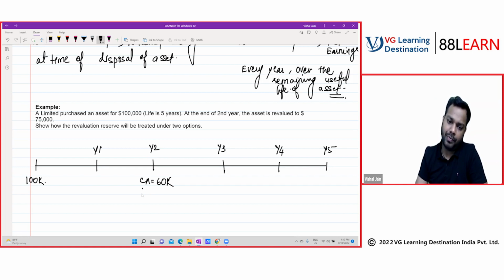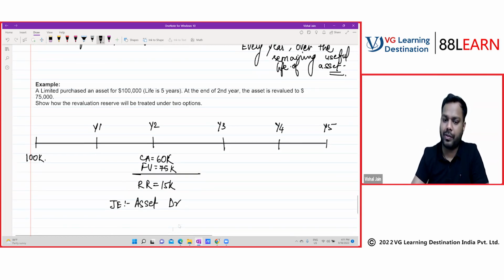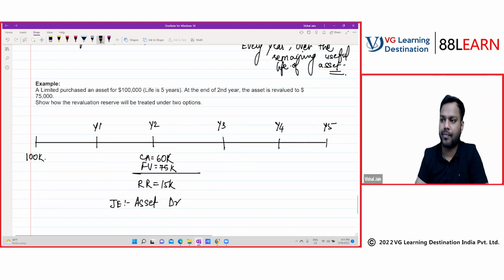Now, what is the fair value? Fair value is 75K. So, what is the amount of revaluation reserve? 15K. What is the journal entry here? Asset account debit to revaluation reserve 15K.